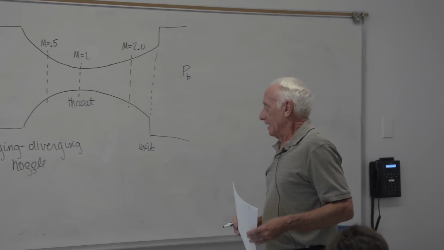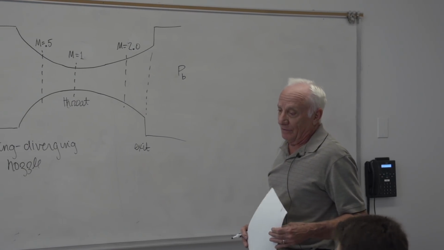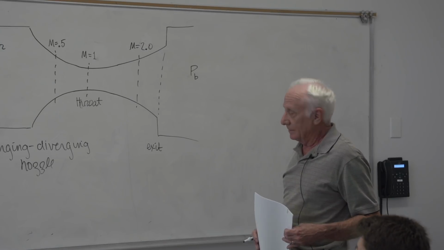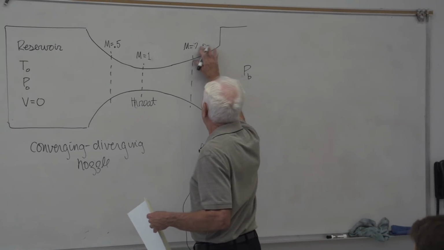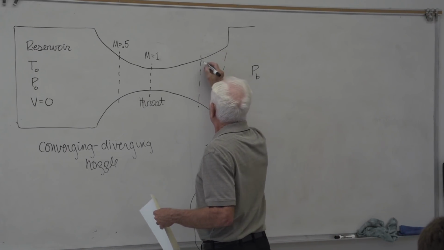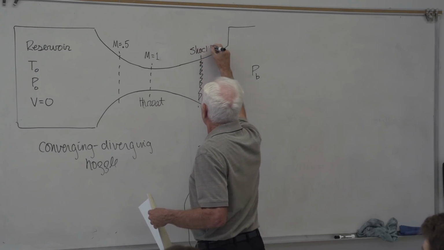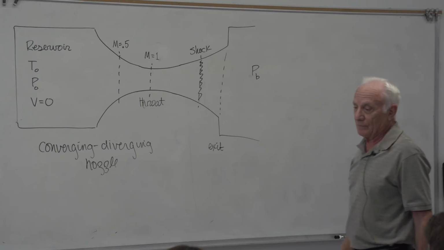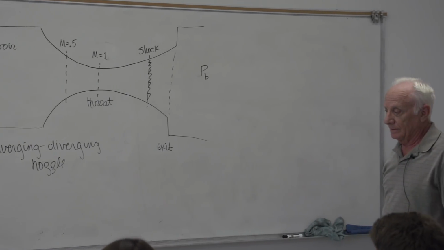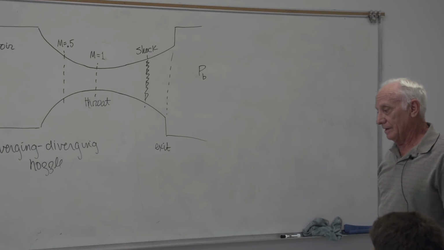Just a little bit of a look ahead. We're going to find out later on that it's possible to have a shock wave in the diverging part of the nozzle. There could be a shock wave there.